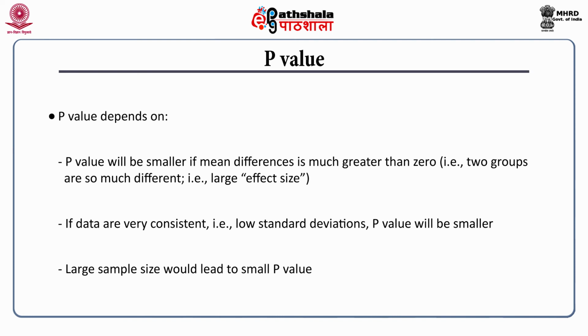A large sample size would lead to a small p value. Of course, the sample size is a big determinant of the p value, so you can increase the sample size many-fold, and the effect size need not be high to get exactly the same p value.